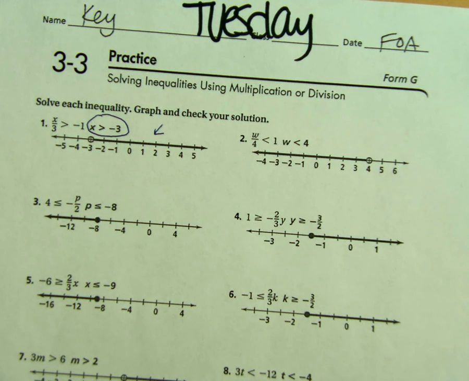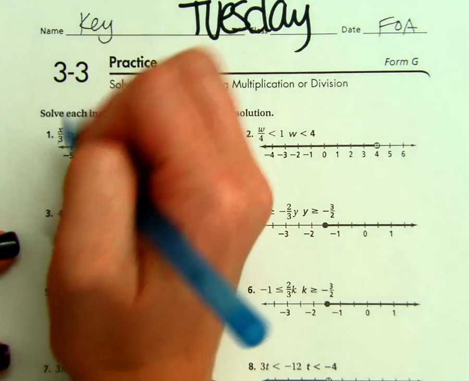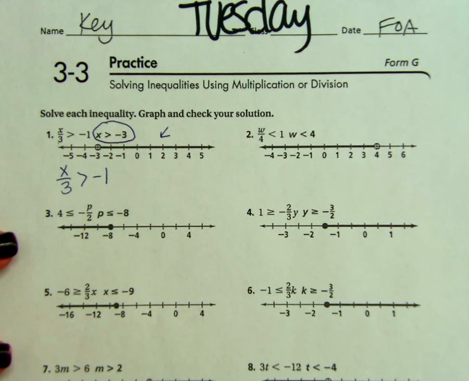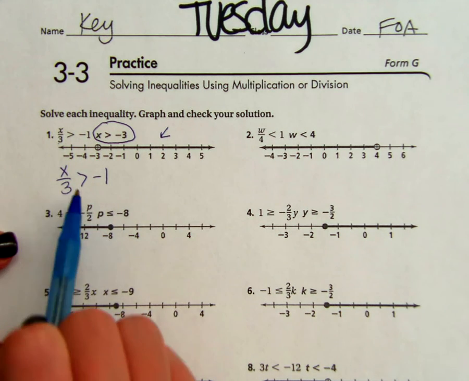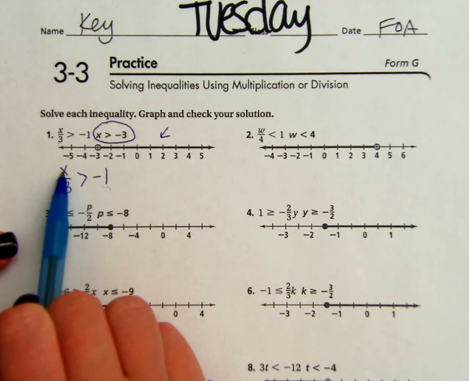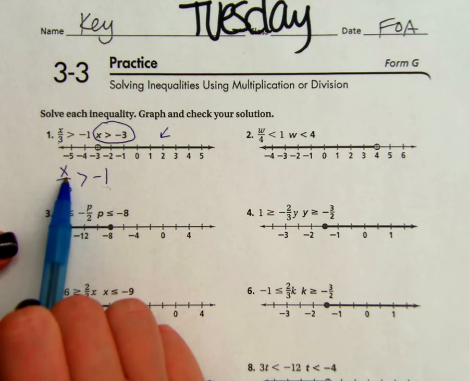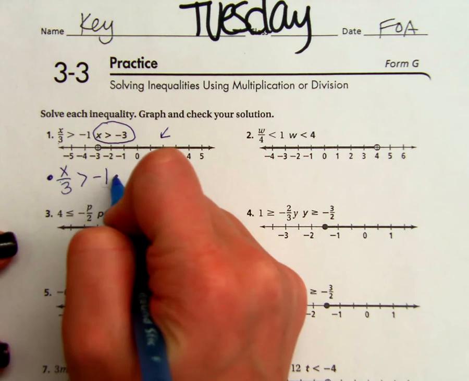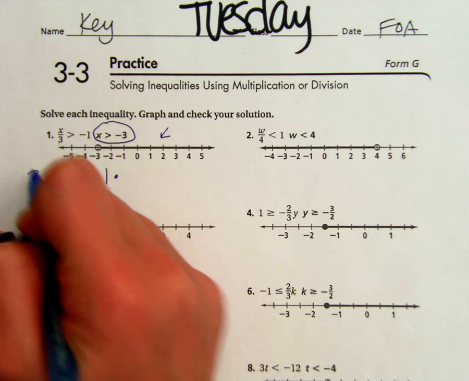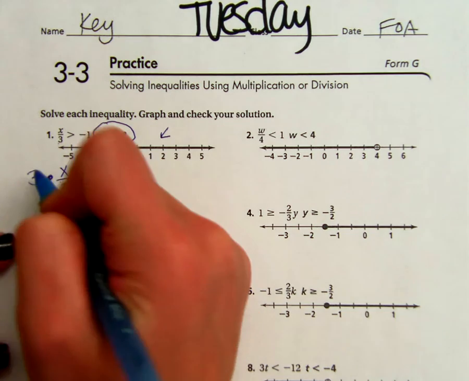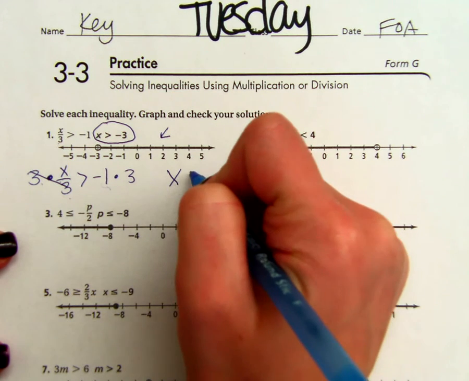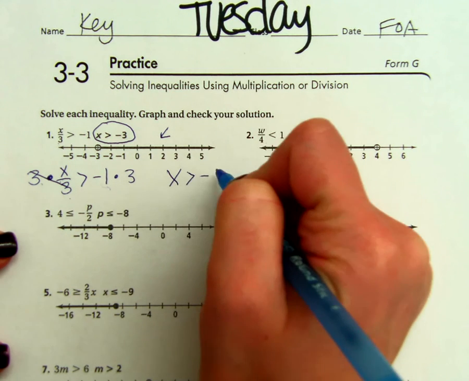So for example, number 1, x divided by 3 is greater than negative 1. You are going to write this down and you are going to show me how to get x by itself. Because it's division, you need to multiply. Both sides need to be multiplied by 3. They will cancel out. You'll be left with x is greater than negative 3.